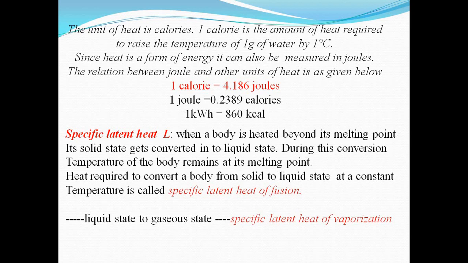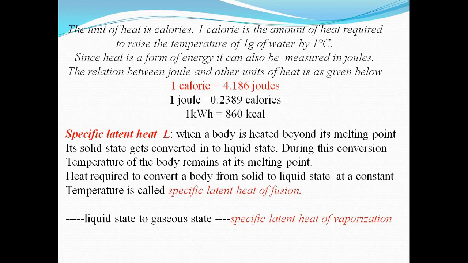So here some relations are very important. Those relations are 1 calorie is equal to 4.186 joules, 1 joule is equal to 0.2389 calories, and 1 kilowatt hour is equal to 860 kilocalorie. Now for this conversion, 1 kilowatt hour is equal to 860 kilocalorie, we have to use the conversion of joules.